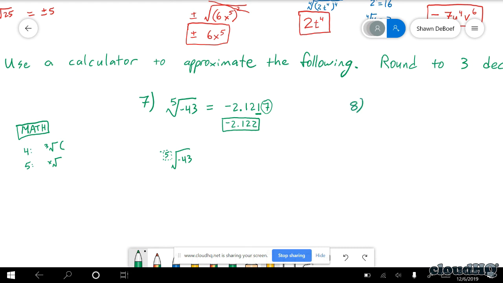So number 8, don't need to spend a lot of time on this because once you know how to plug into the calculator, you're good, because we're letting the calculator do all the work. But go ahead and try it out yourself. See if you can find the 4th root of 71.